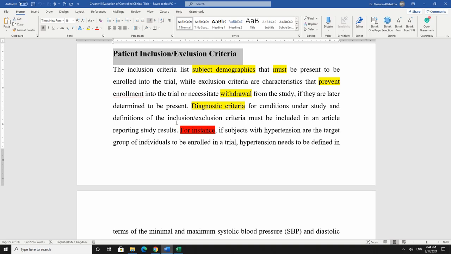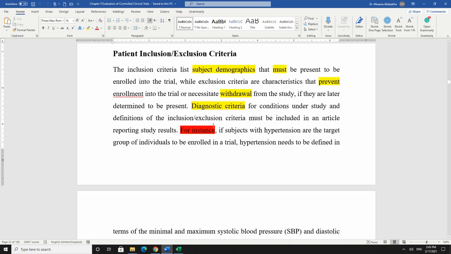So my inclusion criteria is people diagnosed with hypertension. But this is not enough, because you should list the diagnostic criteria for that. You should say, for example, they should have a systolic blood pressure of at least 140 and a diastolic blood pressure of at least 80 to be enrolled. So you need to be clear in your criteria.